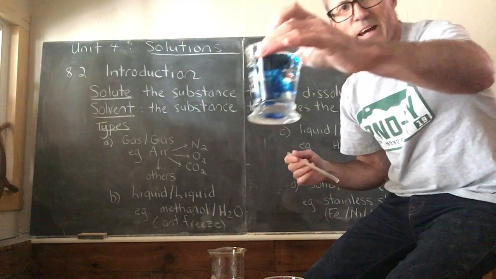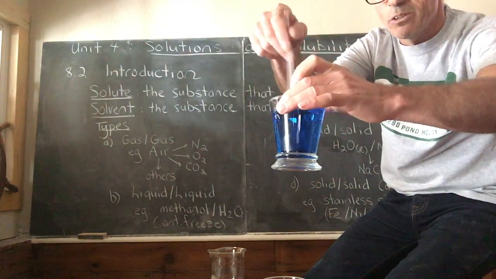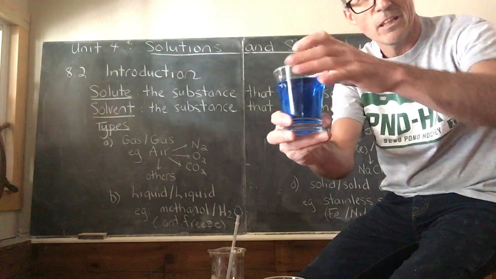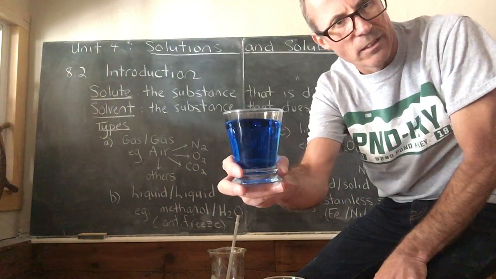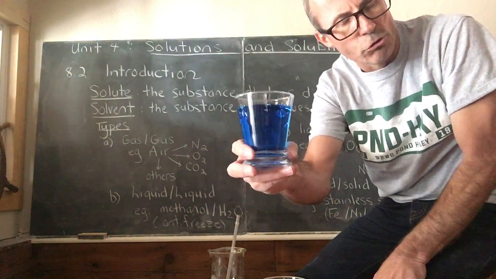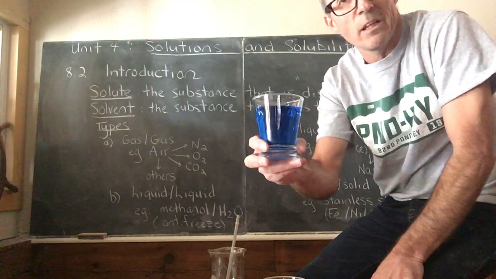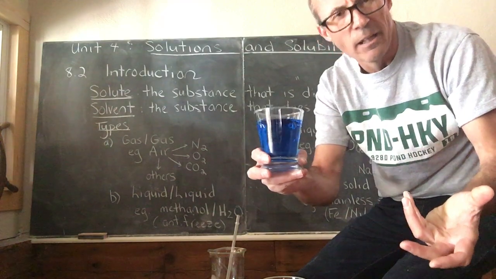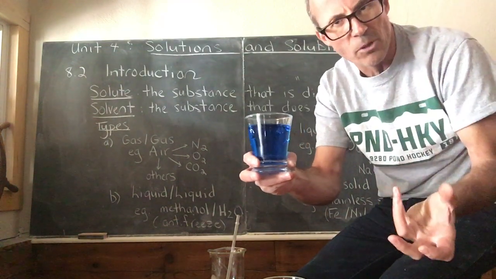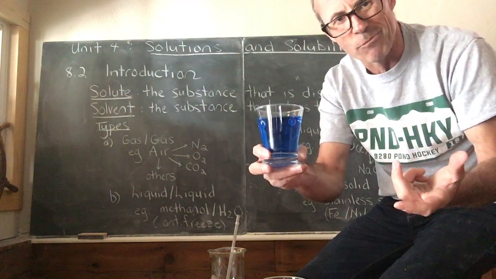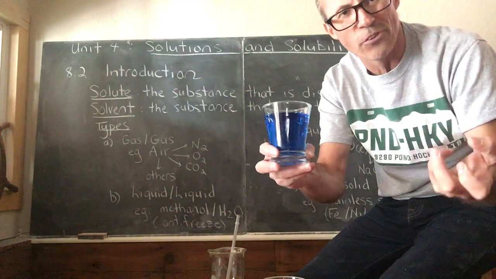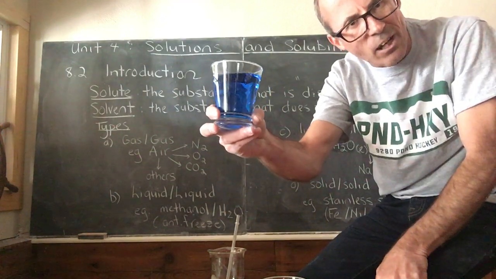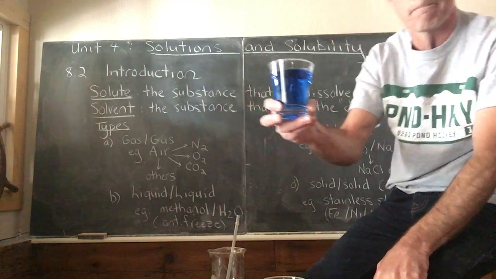If you take that and mix it, you can see that this solution is fairly concentrated, isn't it? That's a dark blue solution. So in chemistry, we do talk about the terms concentrated, and when you hear the term concentrated, obviously that means there's a lot more solute dissolved in that solvent. So this would be a concentrated solution.